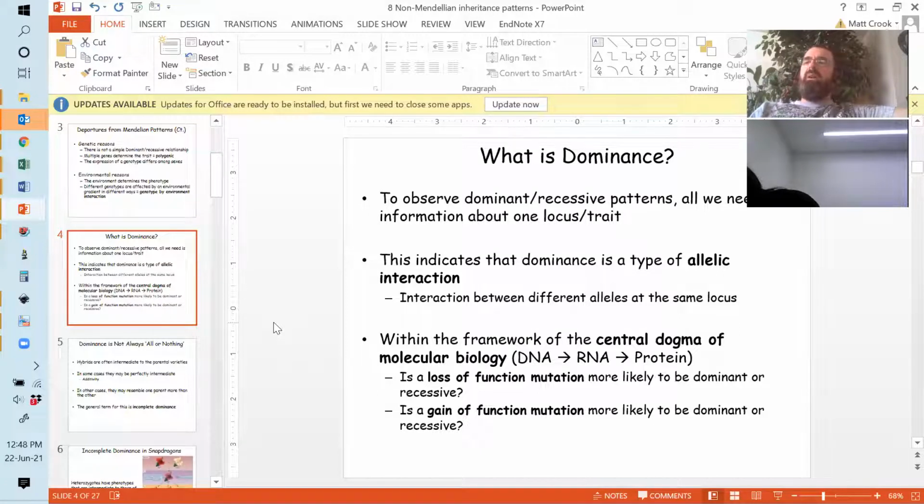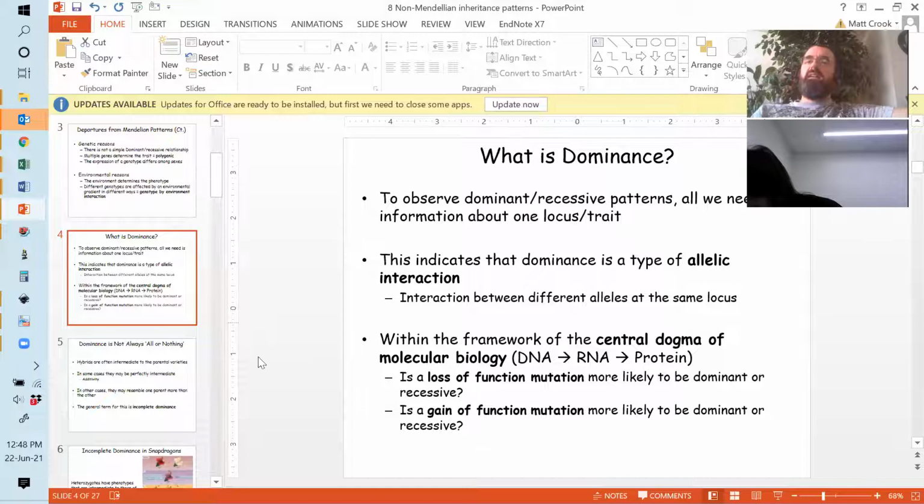Really, dominance is about interaction between different alleles at the same locus, and it's making a statement about function as well. The shorthand is that a dominant allele is a functional copy of that gene, and a recessive one is less so. But there's also more to that, right?